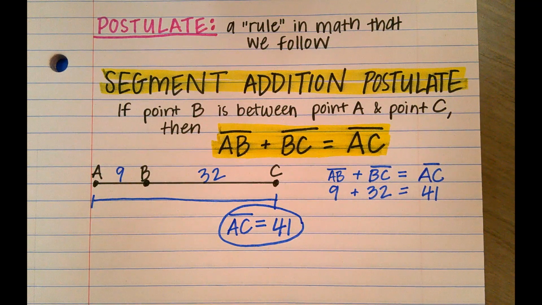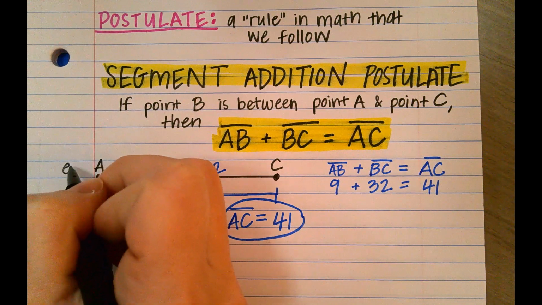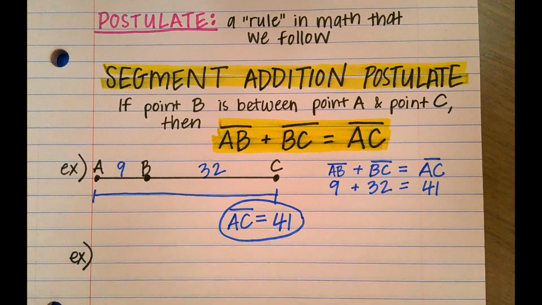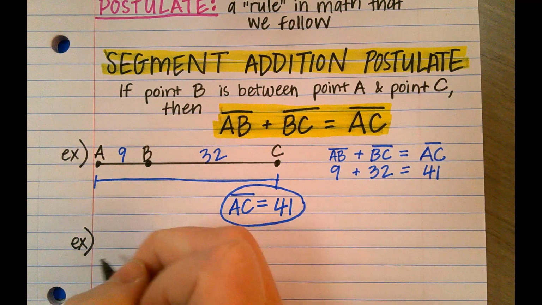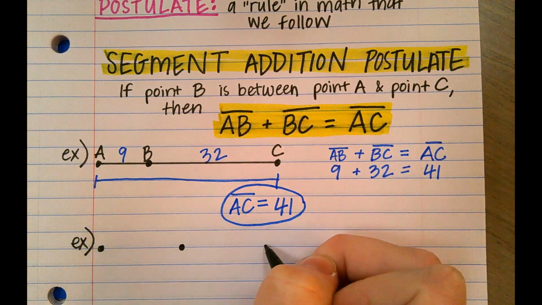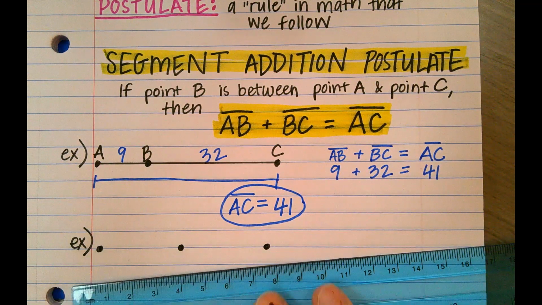Now, this can get a little trickier whenever we don't know the lengths. Sometimes they give us things like X. So let's look at, I'm going to label this as an example. We'll do another example right below. And this time I'll do 3 points, trace that line.